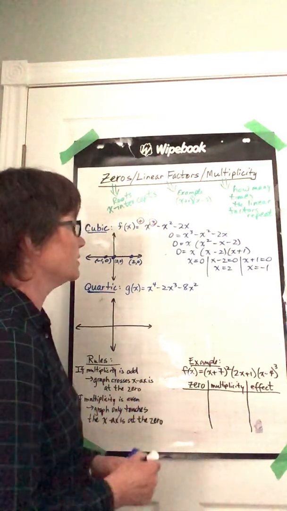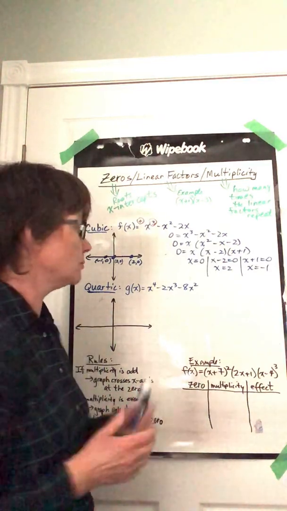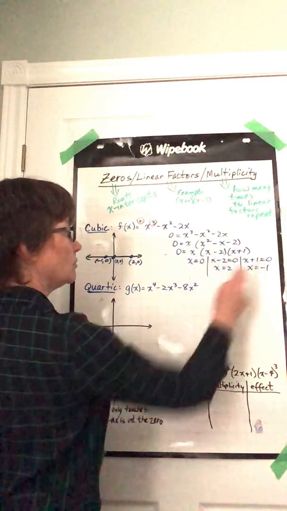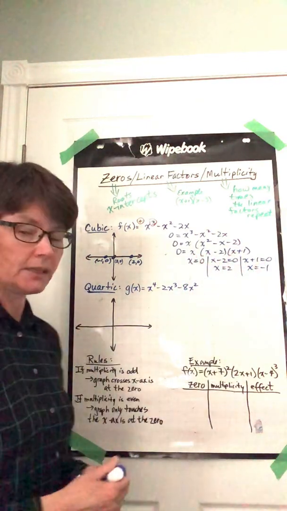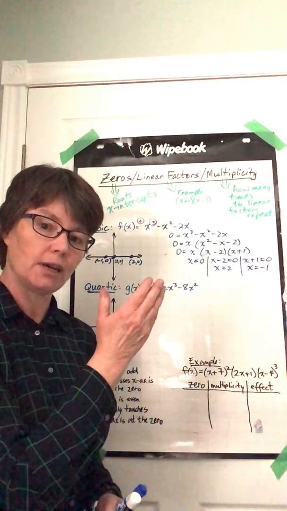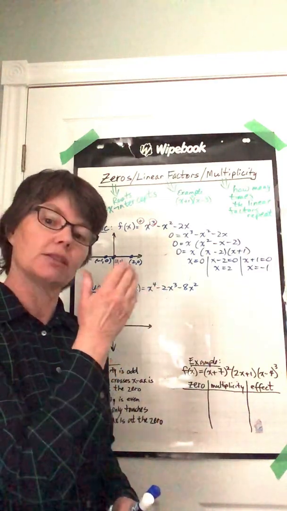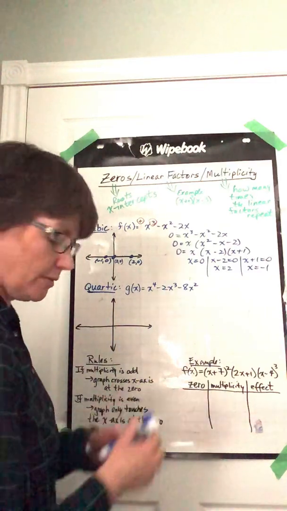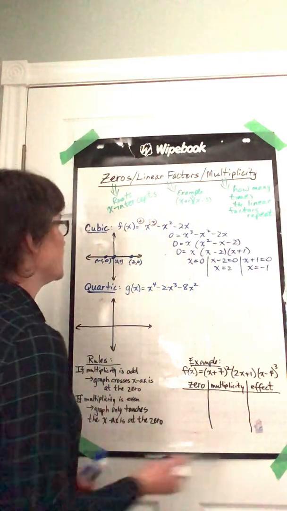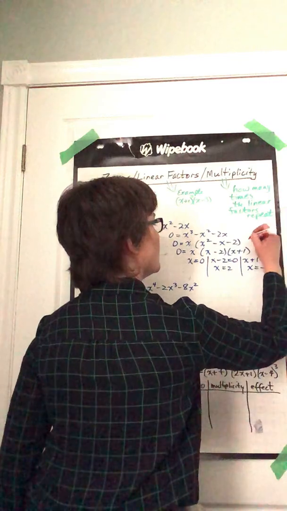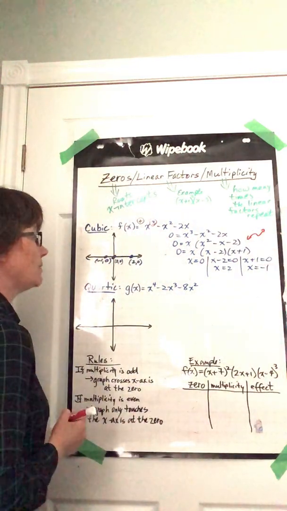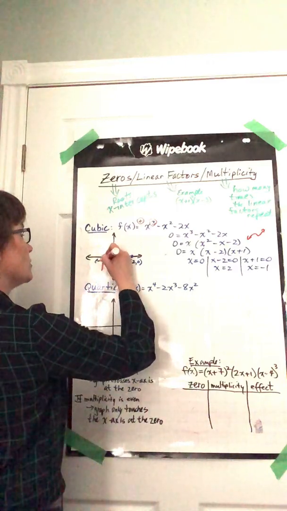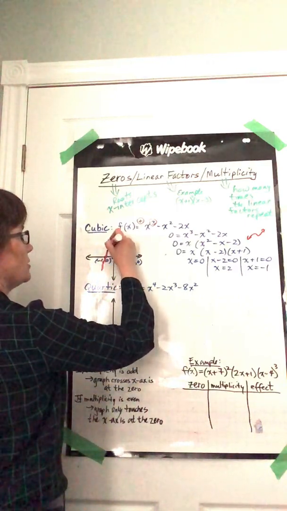If multiplicity is odd, so 1, each of these is multiplicity of 1, okay, only happening once, which means that the graph is going to cross through that x-intercept, cross right through the x-axis, okay? So again, thinking about that shape that we said, that means we're going to start down here, go through, and turn somewhere up here.